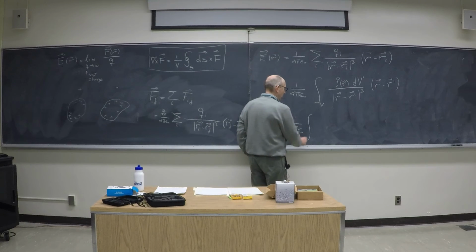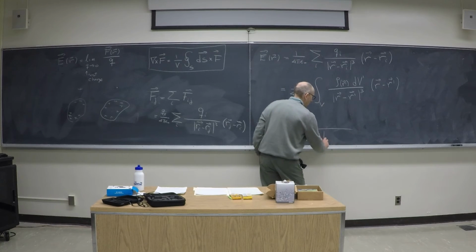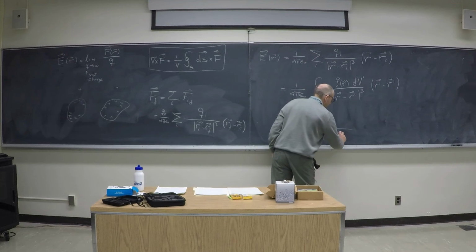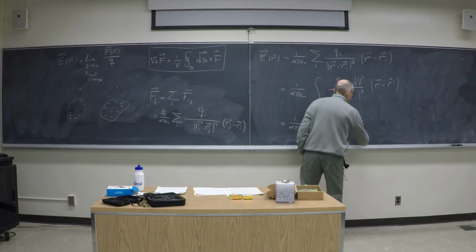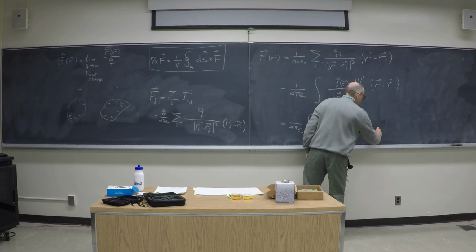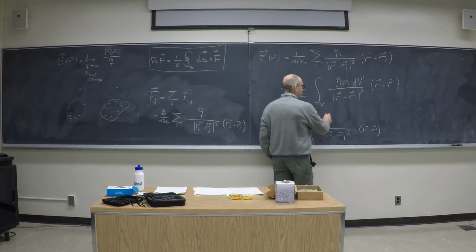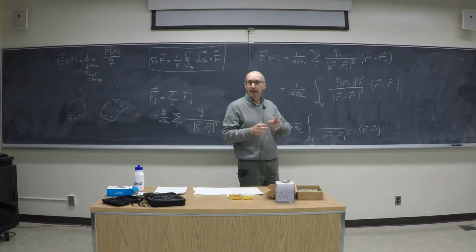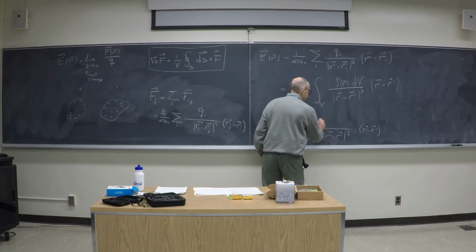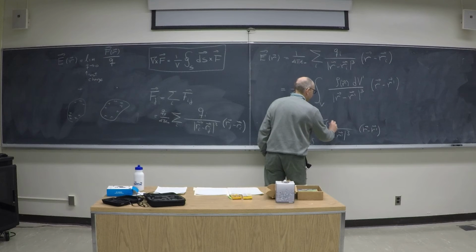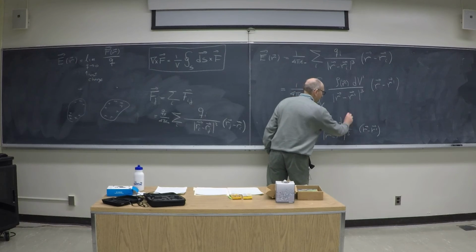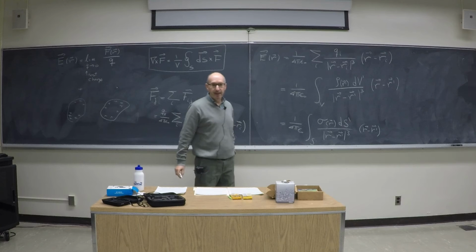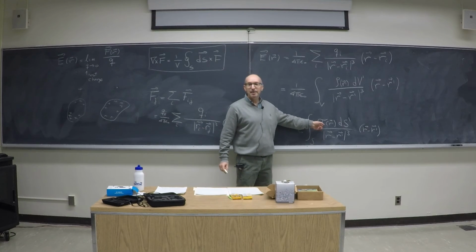This one would be on a surface S of, same story now, R minus R prime cubed times R minus R prime. And over here, for the charge, instead of rho times dV, I'm going to do sigma times dS. The definition of sigma is the charge per unit area.